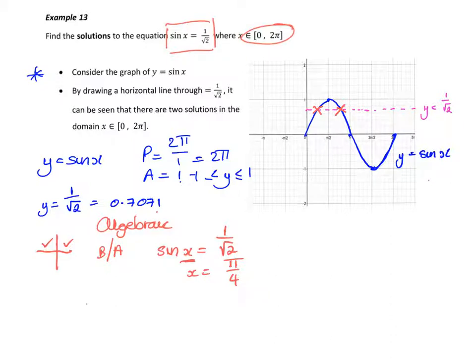What I now need to decide is whether or not that is one of the answers that I'm going to accept. Where are my solutions? Well, we talked about the fact that they are in the first and the second quadrant there. So I am going to accept that answer in the first quadrant. So x is equal to pi on 4. That's my first solution.